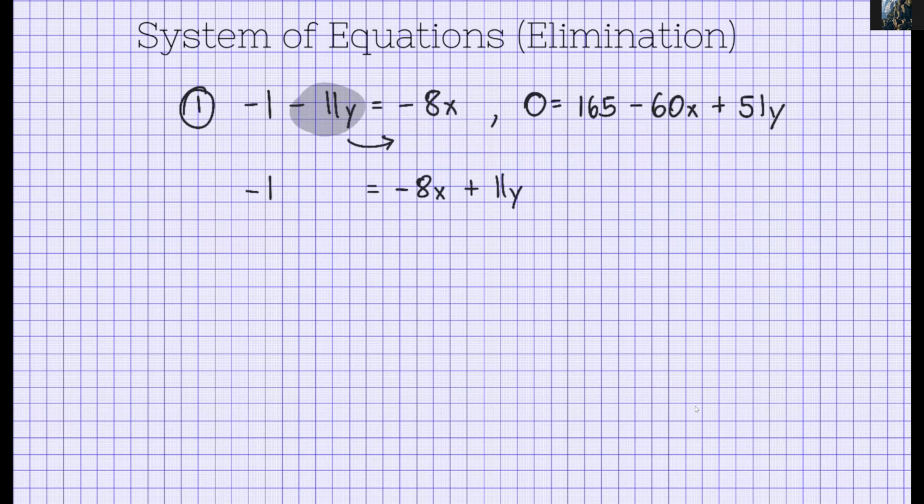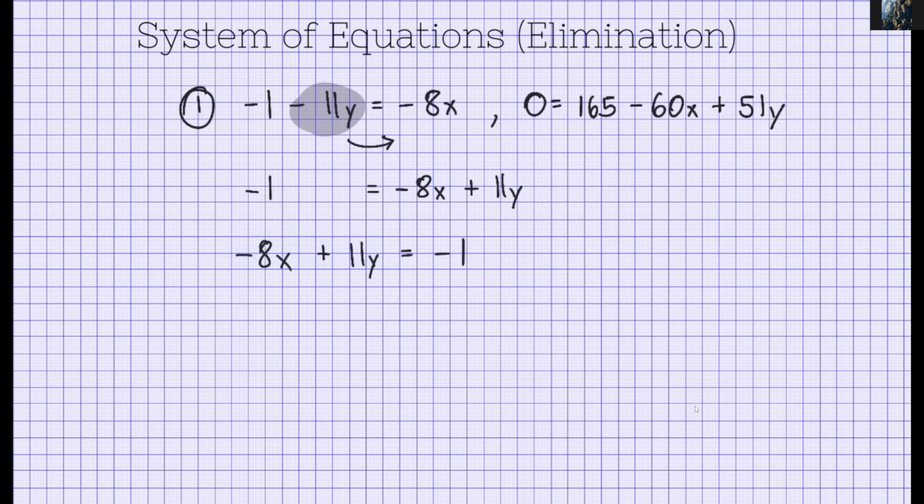So let's rewrite it. I'm going to move the variables onto the left side and the numbers to the right side. There we go. So if you see, now I have the variables on this side and the numbers on the right side of the equality.